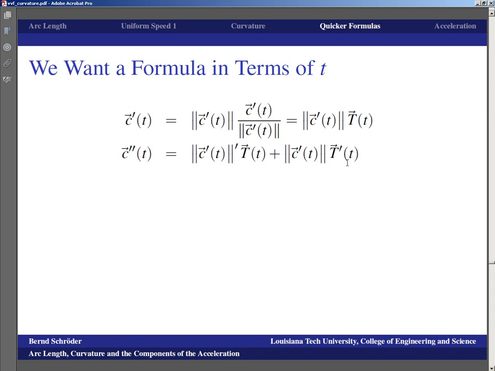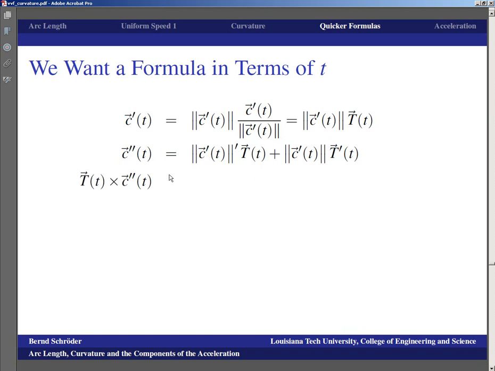Now I could try to solve for T prime of t, and it turns out that that is quite horrible, and it would still require derivatives of the speed, and it would require us working with the unit tangent vector. And so let's remember that we're actually interested in the norm of T prime of t. And so if I first multiply with something that can ultimately go away, things shouldn't be so bad.